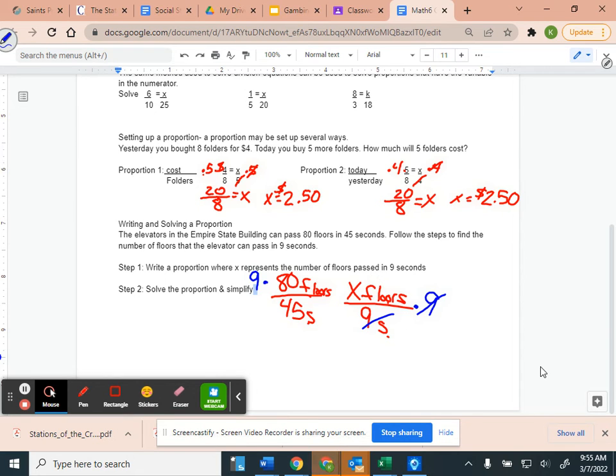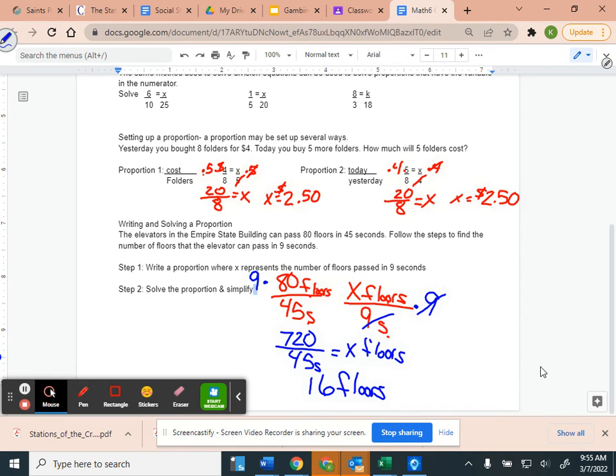Landon? 720 divided by 45 seconds equals x floors. So what is 720 floors divided by 45 seconds? Aiden? 16. So I can go 16 floors in 9 seconds.